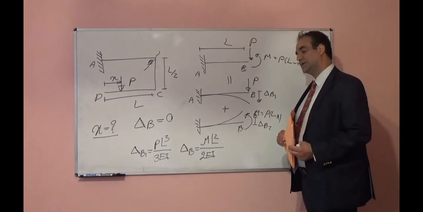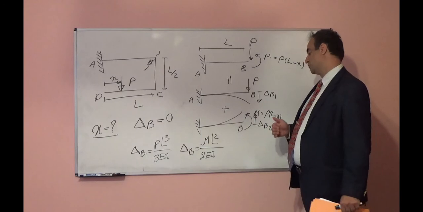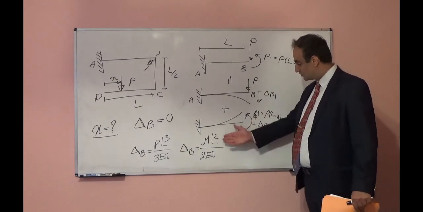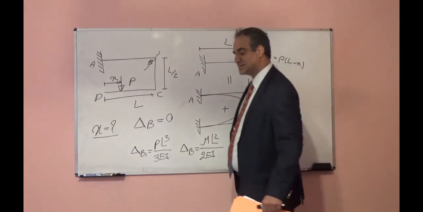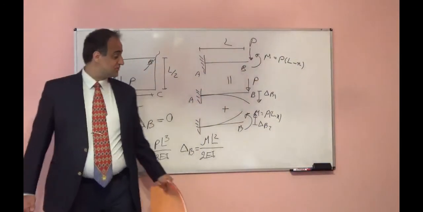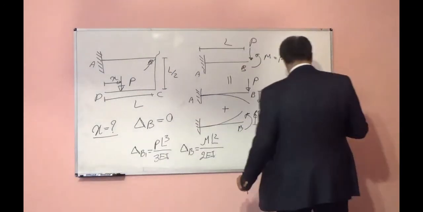You can prove it using the conjugate beam method, moment area method, or virtual work method. If we have a cantilever beam subjected to moment M, the deflection will be ML squared over 2EI. These two deflections should be equal.